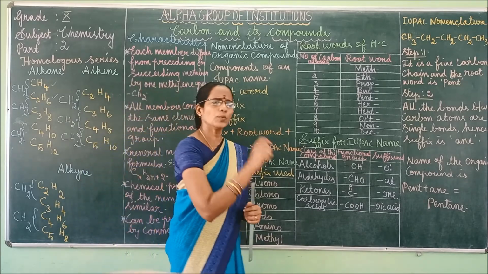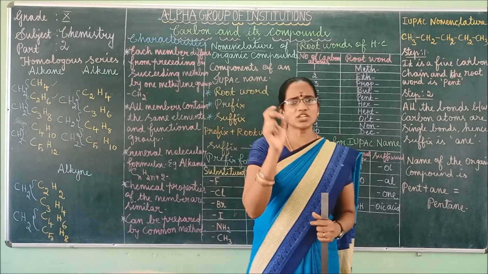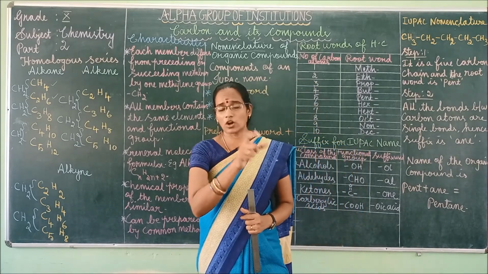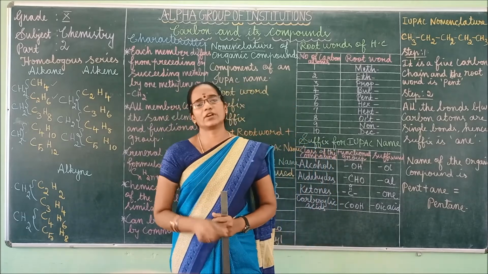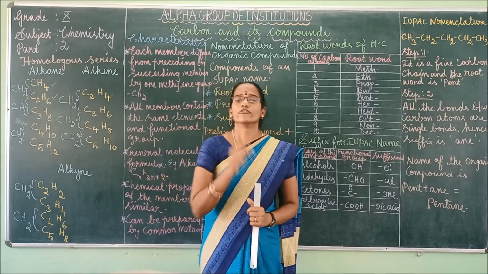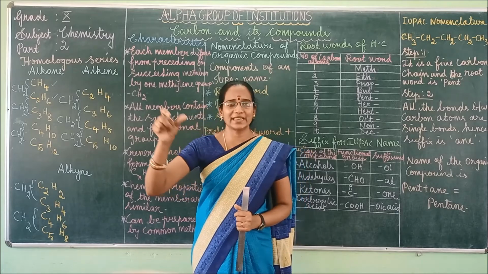If the organic compound contains a functional group, then the number has to be given, followed by a dash and a secondary suffix.